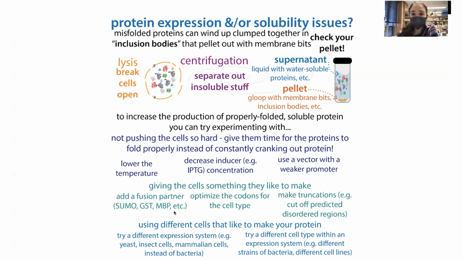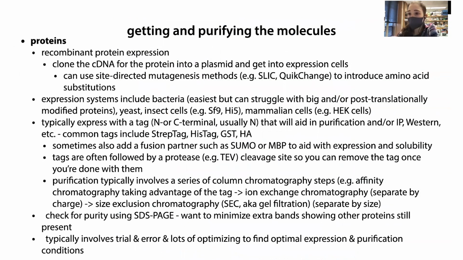And as this slide suggests, you can have difficulty with protein expression. So there's typically going to be a lot of optimization in both the expression and the purification steps. We just talked about expression problems, but there can also be purification problems.